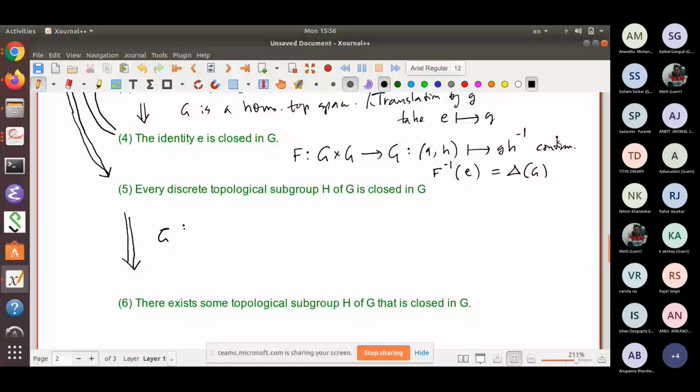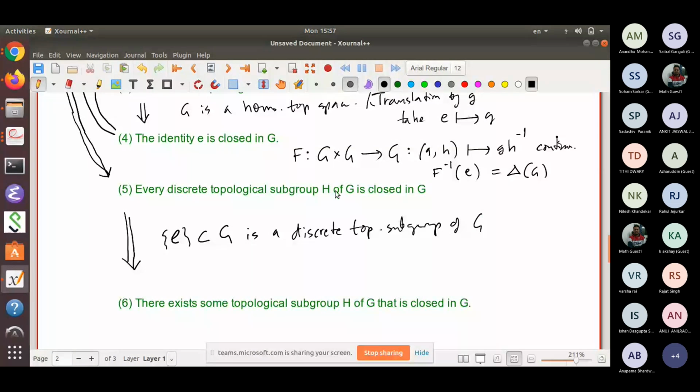That proof is simply by saying E inside G is a discrete topological group, because on any single point, the induced topology is a discrete topology.